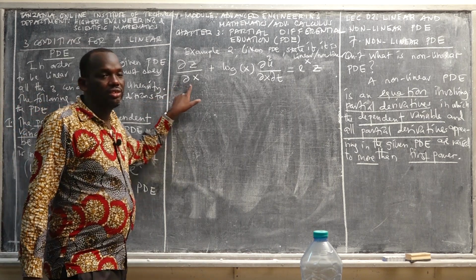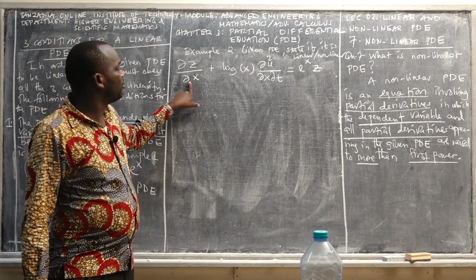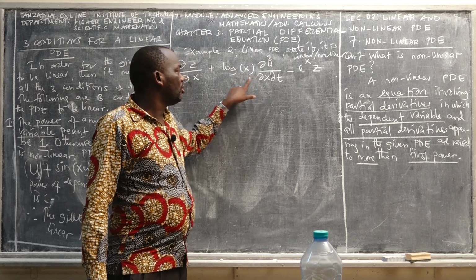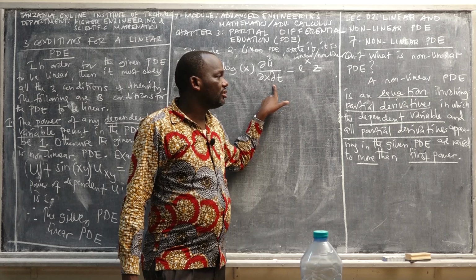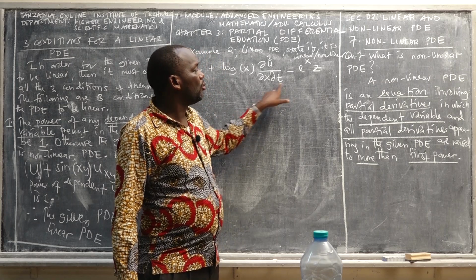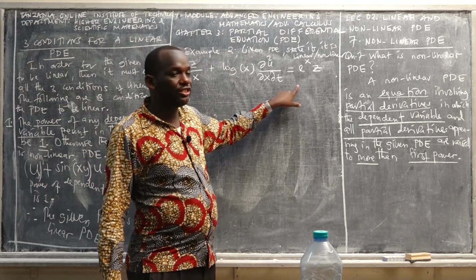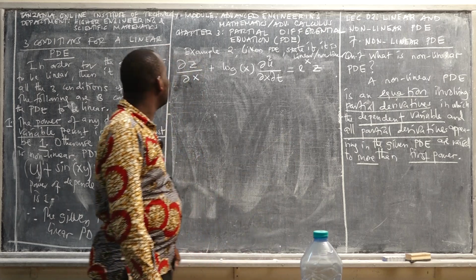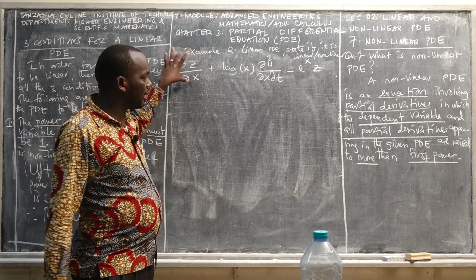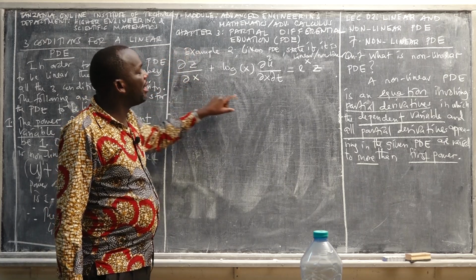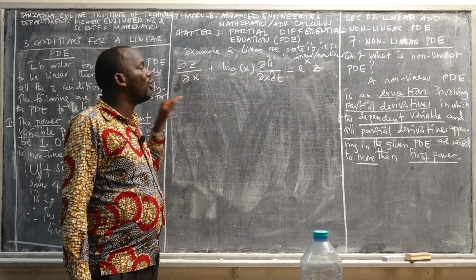What is this? Partial derivative. What is this? Coefficient, which is a function. What is this? Second partial derivative. What is this? It's a function. Then we don't bother about the power of the partial derivative or whatever. Our focus, do we have any dependent variable as a term?